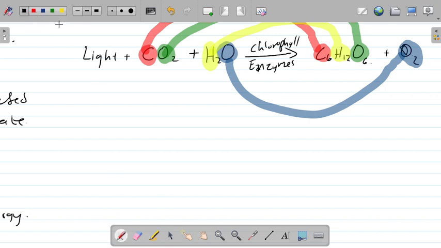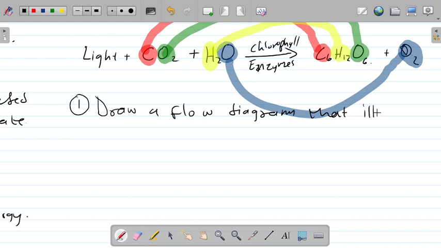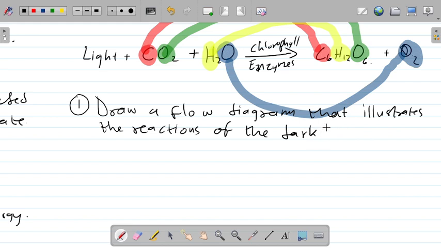If it does, number one, draw a flow diagram for me right now. Draw a flow diagram that illustrates or summarizes the reactions of the light and dark phases, respectively.